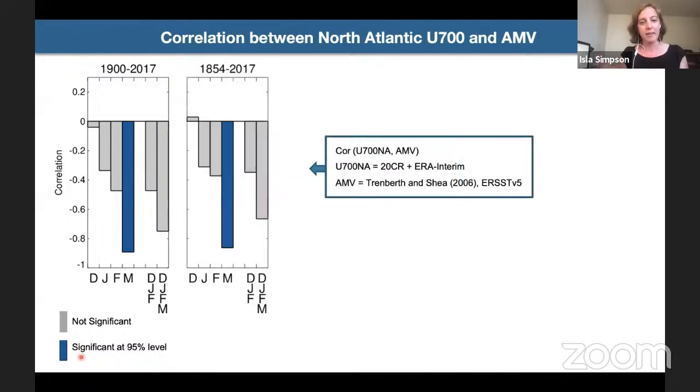And if we extend the data record back as far as we can go with the 20th century reanalysis, back to 1854, that picture holds. But again, it's very marginal because we're looking at low frequency variability on a short record.